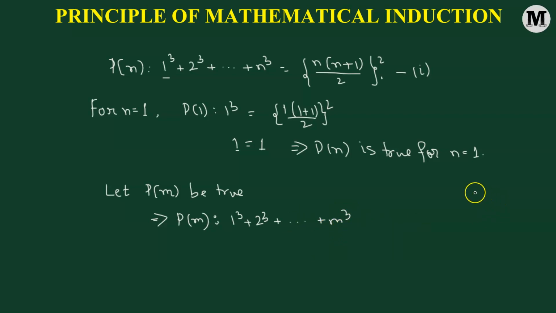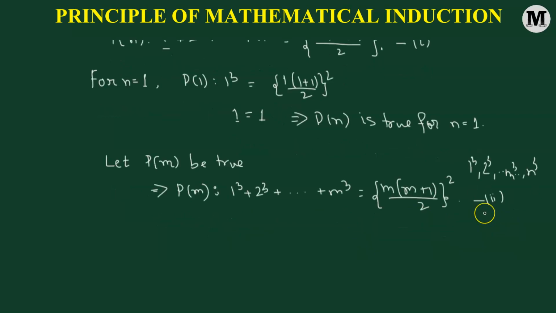We have a sequence 1 cube, 2 cube going all the way up to n cube, and we have considered one of the terms to be m cube. That's why we're considering the first m terms, and this is equal to m times m plus 1, the sum, divided by 2, and we square that. Now we're considering that this is a true statement. Let's call it number 2.